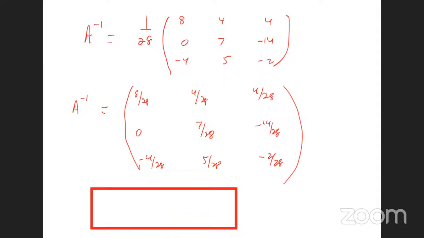The rule is A by A inverse is equal to A inverse by A, which will give you the identity matrix. Let's try one.